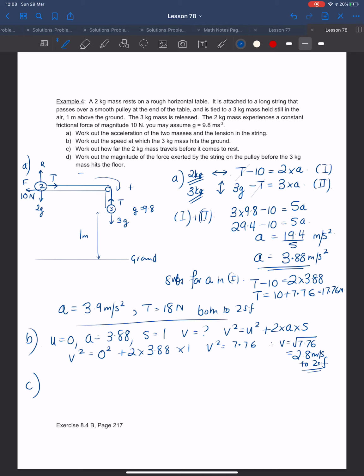Well, it'll travel 1 metre, so it has to be quite a long table. Anyway, it'll travel 1 metre, which is the distance that it takes for the 3 kg to hit the ground. So it travels 1 metre whilst the 3 kg is travelling towards the floor.